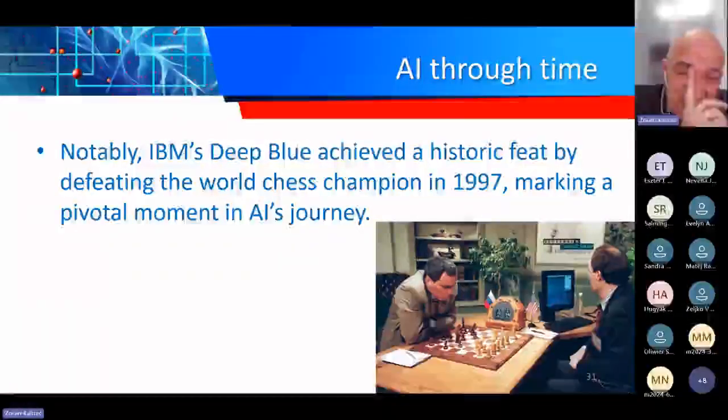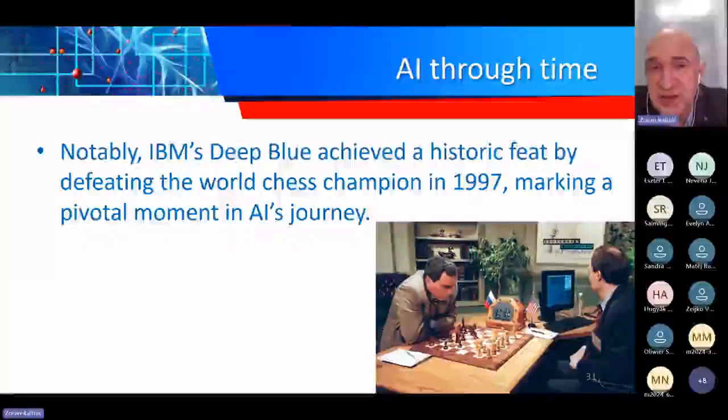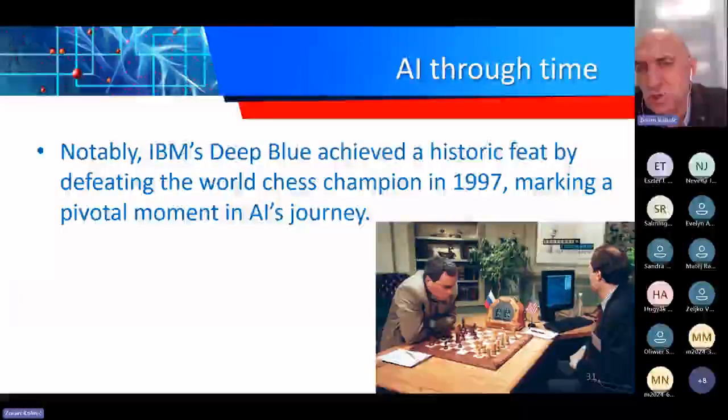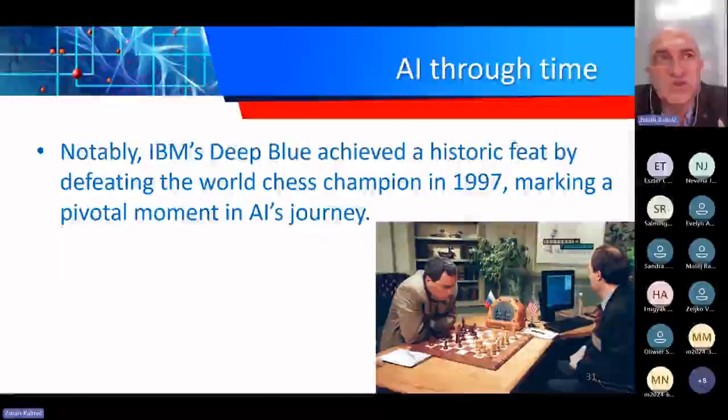In 1997, the famous company IBM developed a computer called Deep Blue, and Deep Blue managed to win several matches against Kasparov. That was a turning point, at which we had a software solution that could play chess better than the best human chess player.